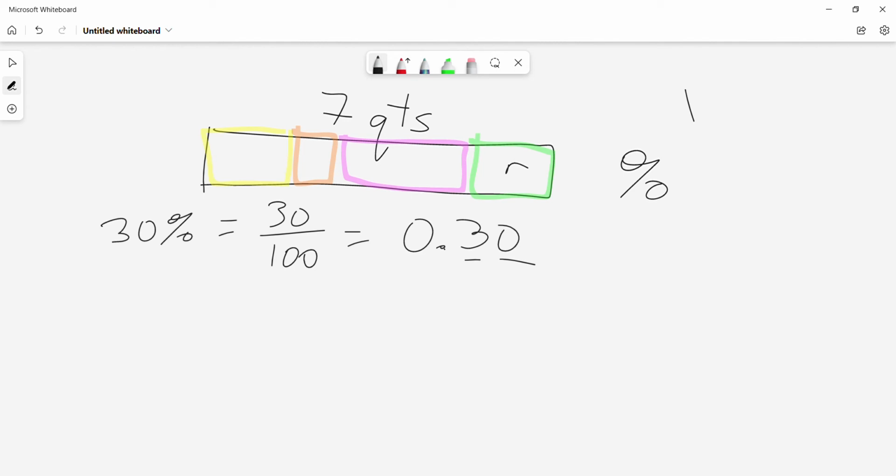But so 30% got taken away, drank by your naughty little sibling or whatever, which means I only have 70% of R left. So let's take a look. The total is going to be, I have 7 quarts and I took away 0.3 times R. 0.3 of R, and of generally means multiply.